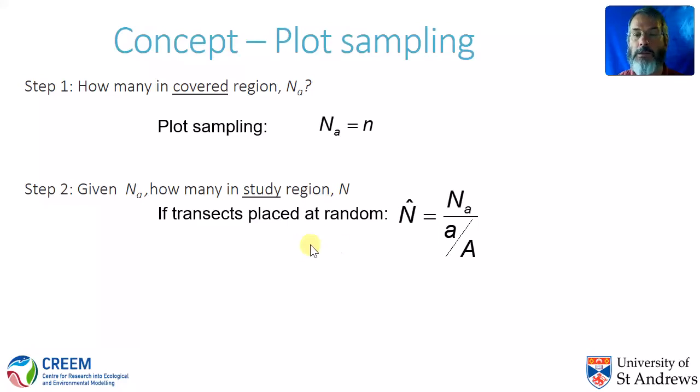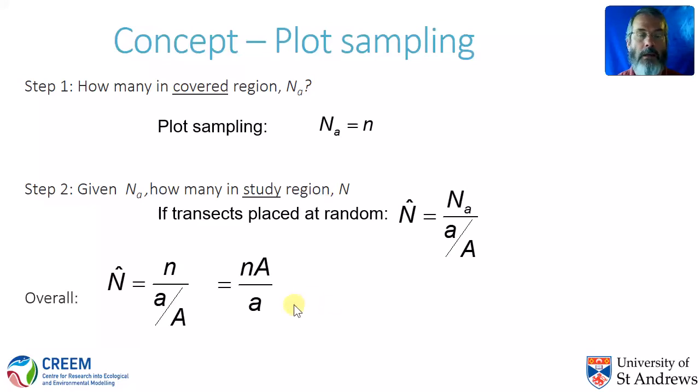So if these transects are placed at random, our estimate of total population size is the estimate of the number inside the green region scaled up by the fraction of the study area we visit. I can rewrite it again in exactly the same way I did on the previous slide. So this is the way we produce an estimate of abundance when we do plot sampling.